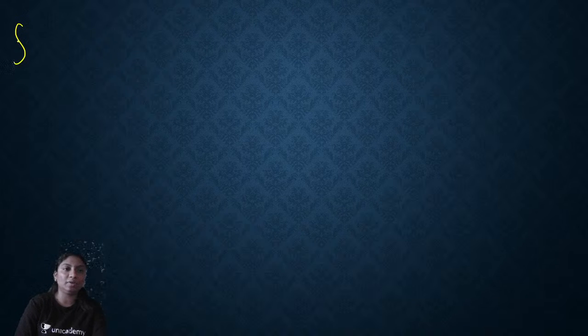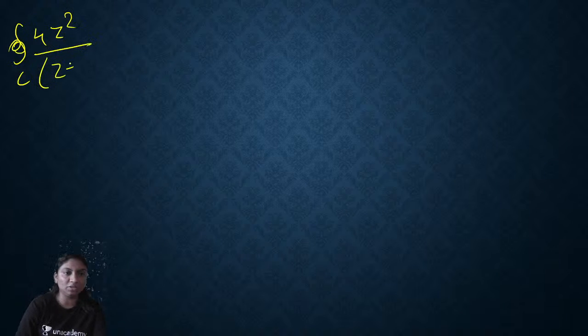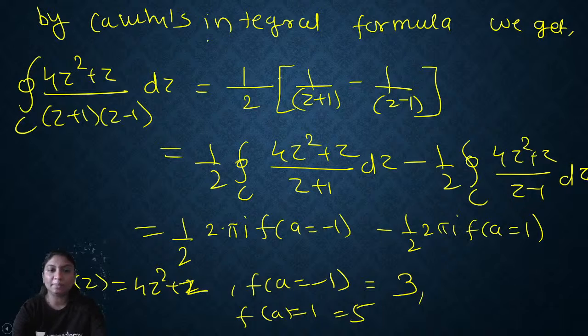So the integral over C of 4z square upon z plus 1 into z minus 1 dz is equal to, here 1 by 2, the 2 gets cancelled out, pi i into 3.